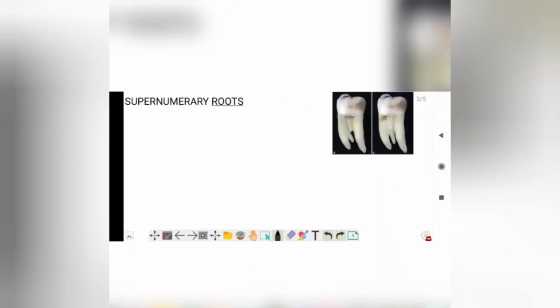Our last developmental disturbance is the supernumerary roots. What are supernumerary roots? They are the extra roots which can be present in a tooth. Suppose a tooth normally has only one root. If two or three or more roots are present in that particular tooth, then those are supernumerary roots.